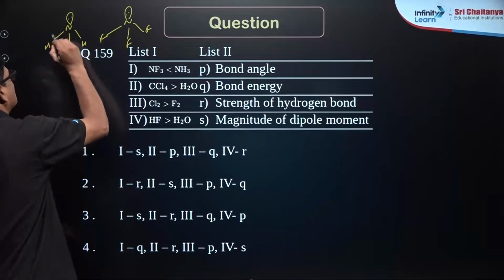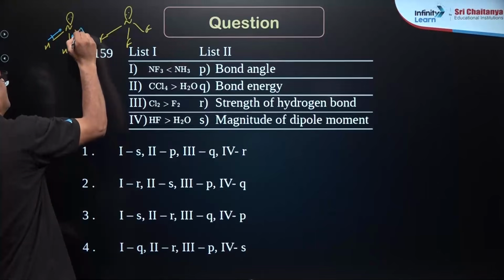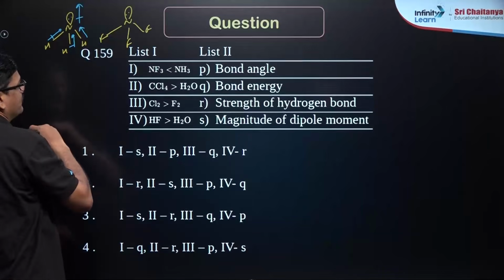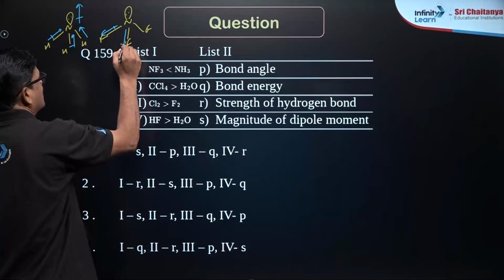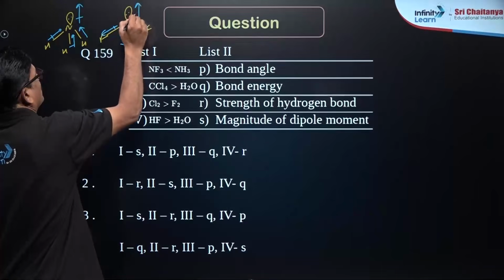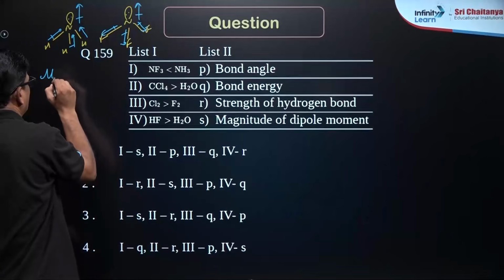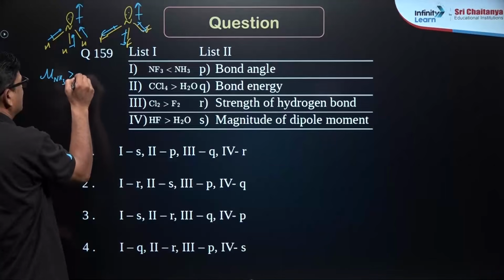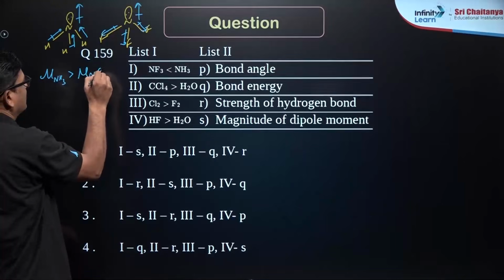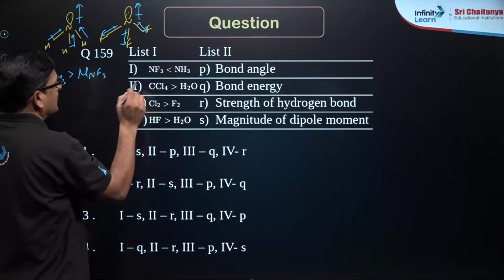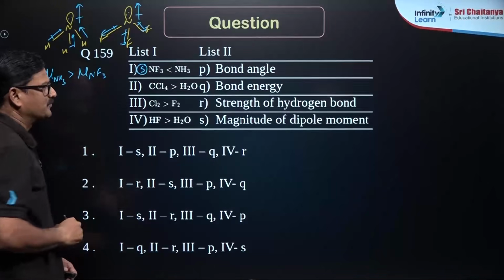In that you can see the bond moment is added with the lone pair moment, and in the other the bond moment is opposed by the lone pair moment. Therefore, dipole moment of NH3 is greater than dipole moment of NF3. So, I want to say here 1 is going to be with yes.